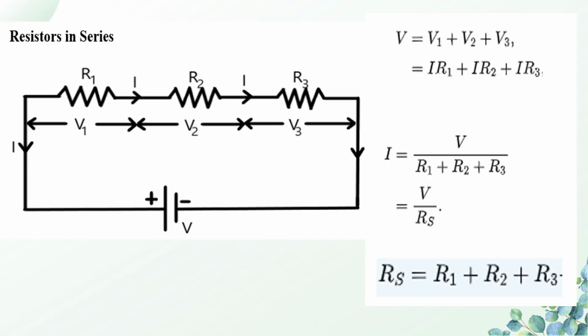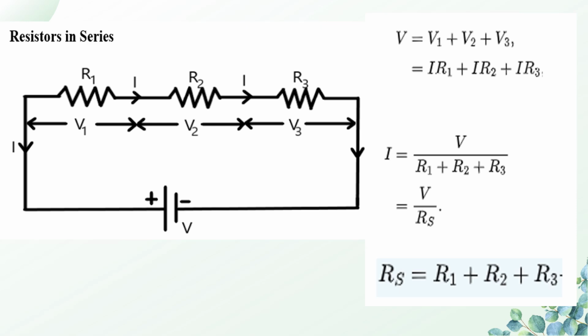Next we are going to see the equivalent resistance when the resistors are connected in series. Let us consider 3 resistors R1, R2 and R3 connected in series across a voltage source V. When these resistors are connected in series, they have their own voltage drops represented as V1, V2 and V3.